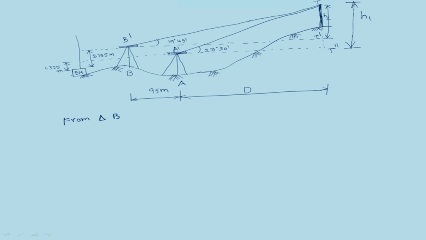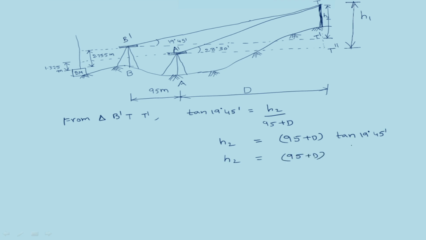From triangle B dash T dash, tan 19 degrees 45 minutes is equal to H2 divided by 95 plus D. Therefore H2 is equal to (95 plus D) into tan 19 degrees 45 minutes, and this value is 0.359.